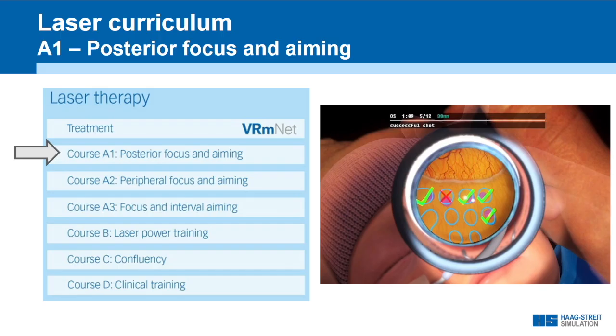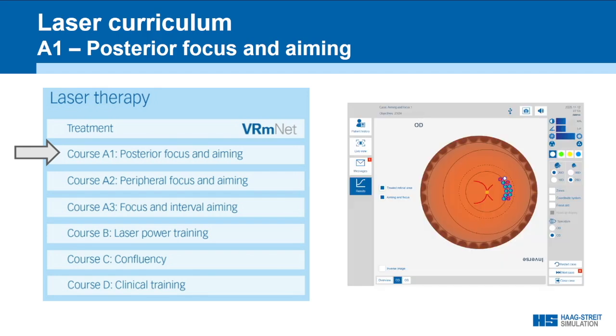So you see here that we have abstract circles that you have to place laser spots in, and the system tells you with either a red X or a green check mark if you hit the correct position and if your laser was in focus. Of course, in the end you will get an evaluation, so you see which spots you hit correctly, and as always you get many other details about what you did correct and where you can improve.